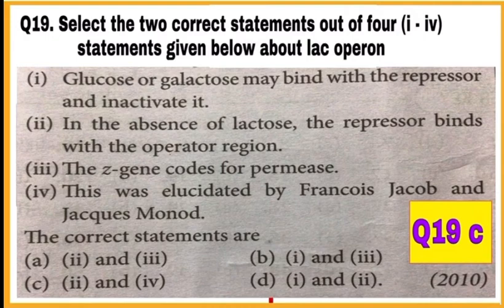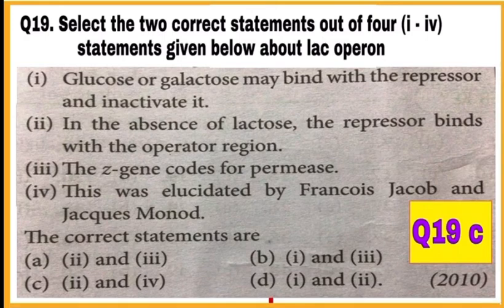Question number 19. Select the two correct statements out of the four statements, 1 to 4, given below about lac operon. See statement 1. Glucose or galactose may bind with the repressor and inactivate it. This is wrong.